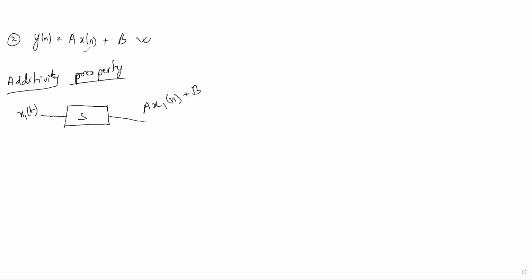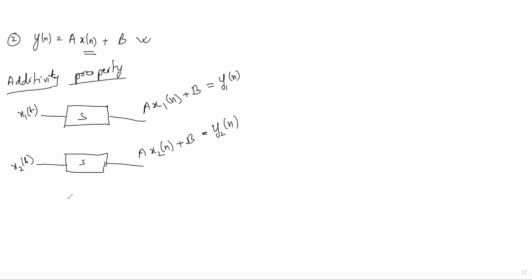Here we have just replaced x of n with x1 of n. We can write this as y1 of n. If we take another input x2 of n, the output would be a x2 of n plus b, and we write this whole thing as y2 of n. Now how will we check the additivity property?